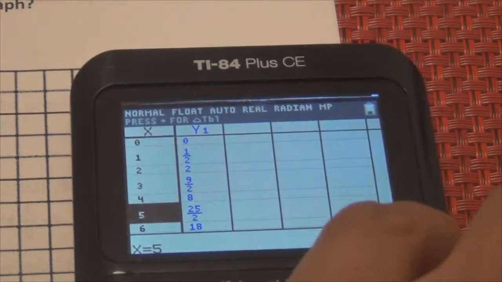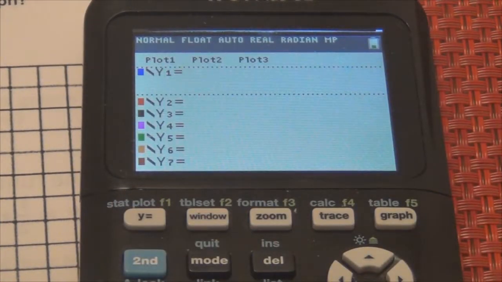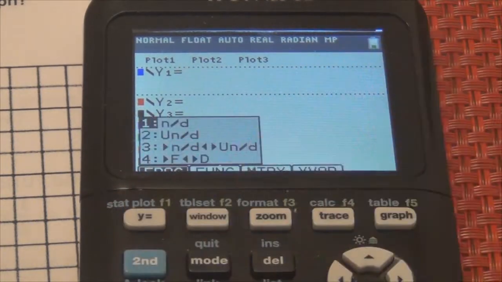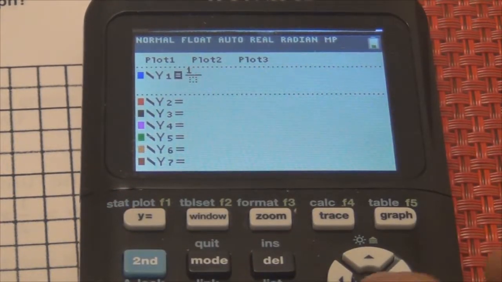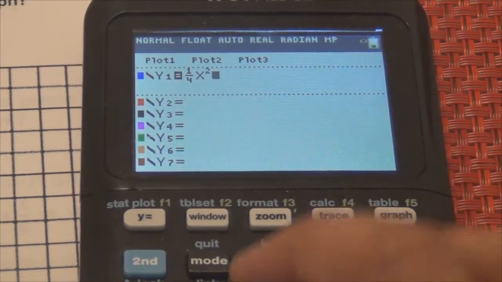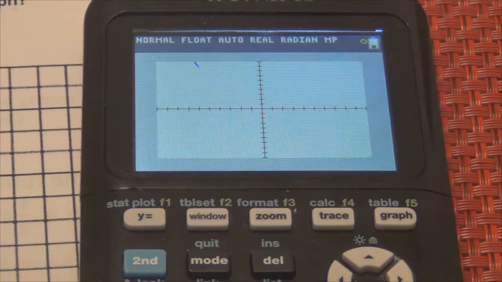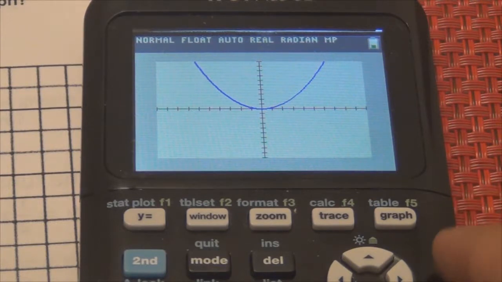So I'm gonna go into my calculator. I'm gonna press y equals, clear that, and put alpha y equals fraction 1/4, move over, x squared. And that's what the graph looks like. Noticing some pattern? Sure.